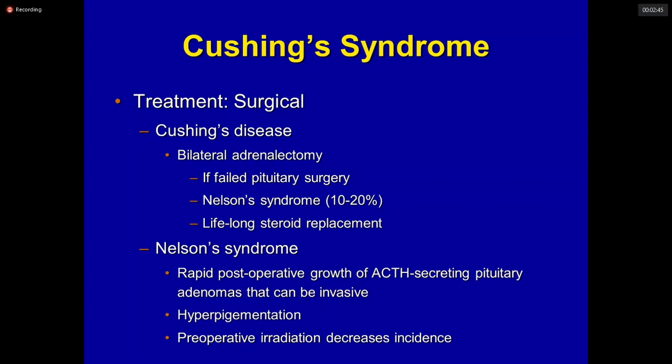And it will result in hyperpigmentation as well, because the excess ACTH is usually co-secreted with melanocorticotropin hormone. Usually, preoperative irradiation will decrease the incidence of this manifestation, which usually happens after bilateral adrenalectomy.